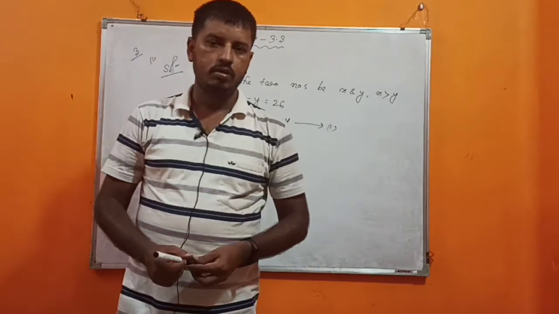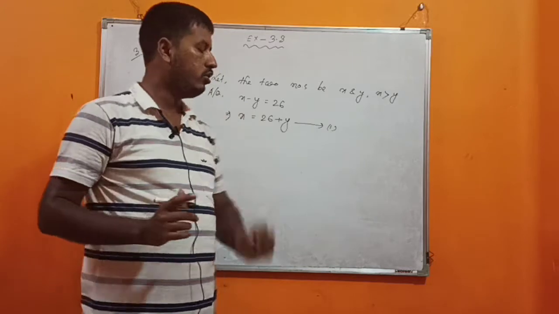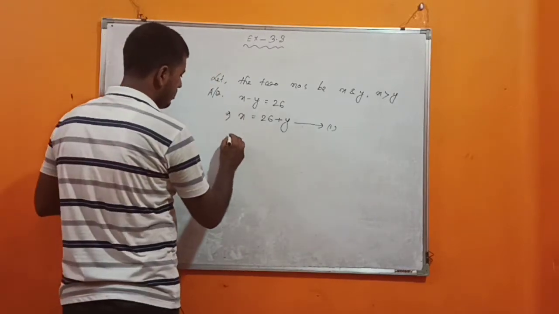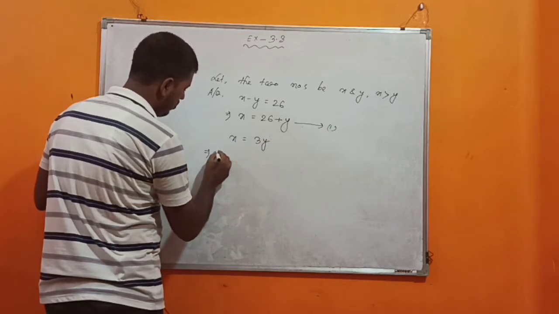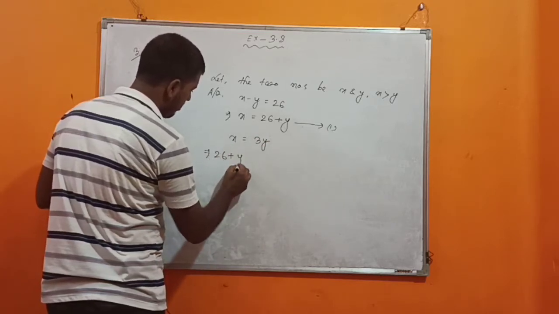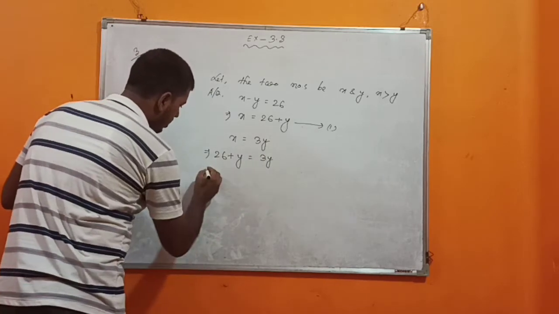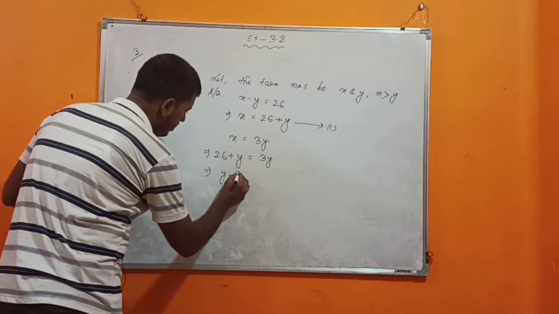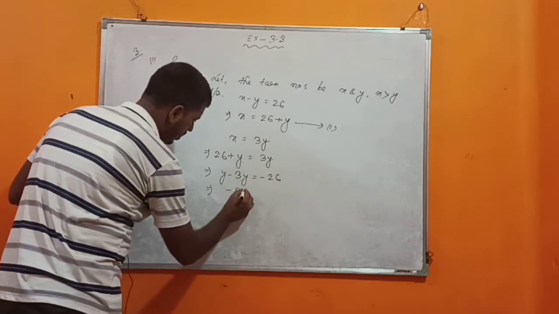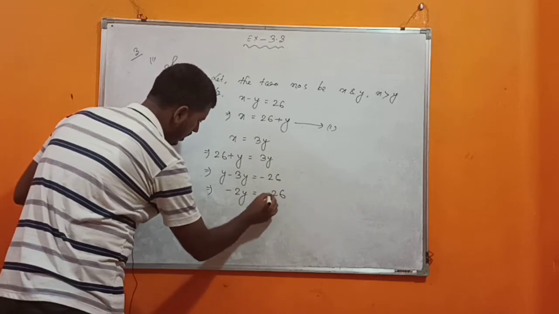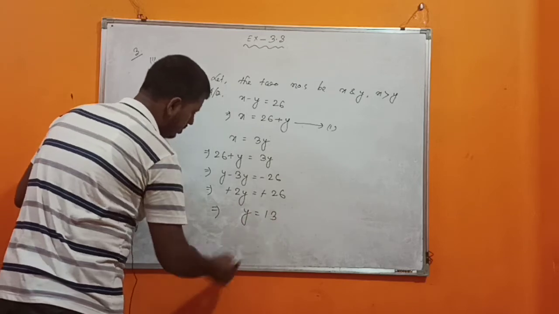Okay, so our second equation is one is 3 times the other, so it will be x equal to 3y. So the value of x, 26 plus y, is equal to 3y. Okay, so I am taking y here, y minus 3y equal to minus 26, that is minus 2y equal to minus 26, minus minus will be cancelled, so y equal to 26 by 2, which is 13.